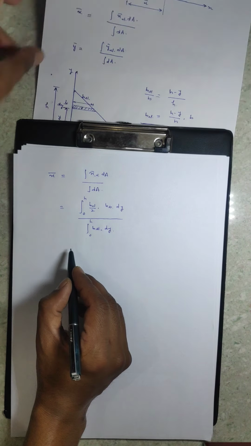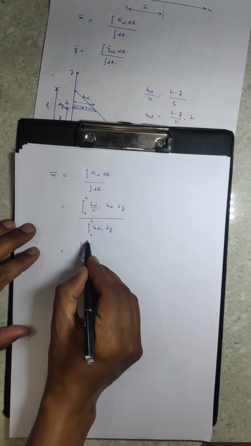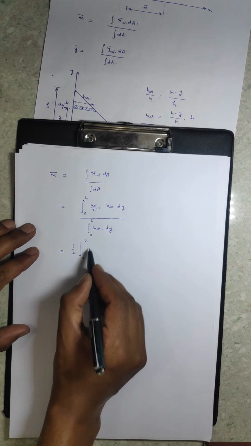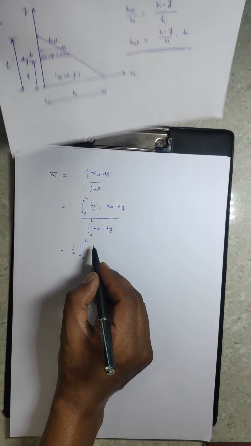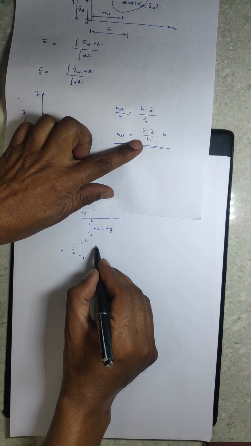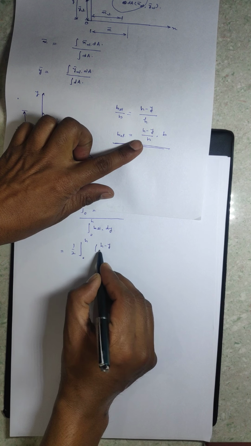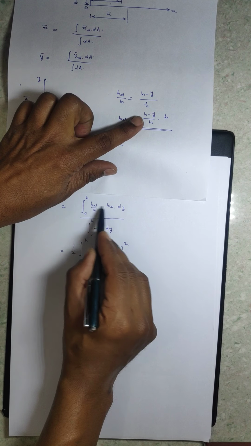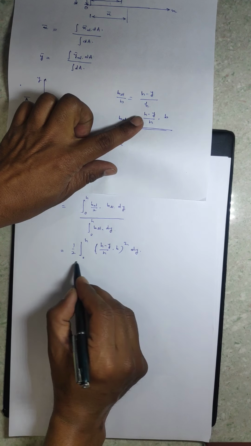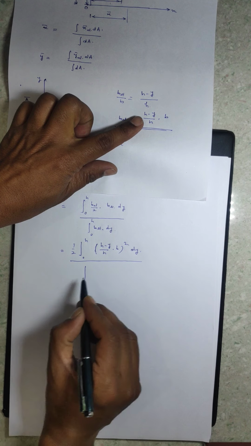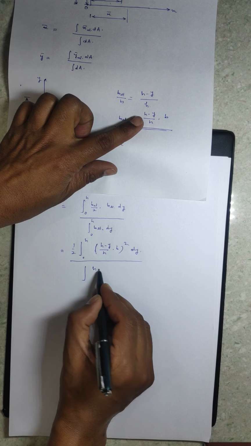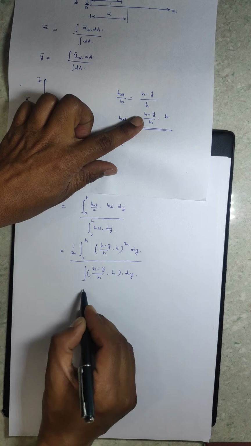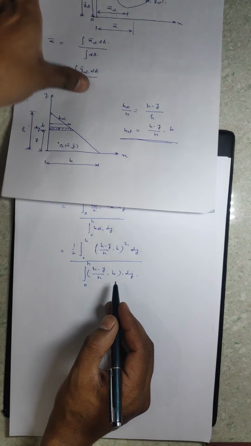Putting in the values, from 0 to h, take the 1 by 2 outside, in brackets b elemental square. b elemental is (h minus y) by h multiplied by b, whole square, multiplied by dy, divided by integration of b elemental, that is (h minus y) by h into b into dy, limits 0 to h.